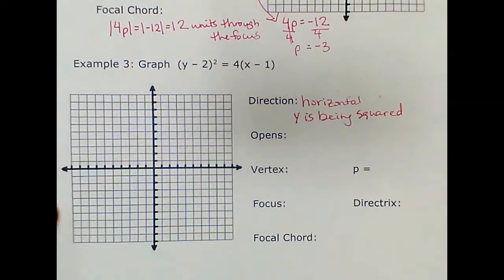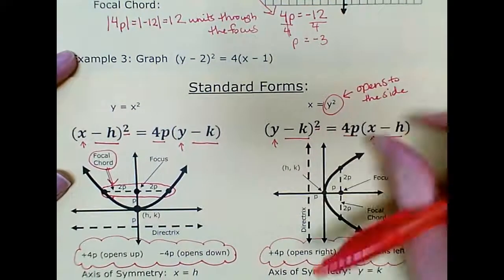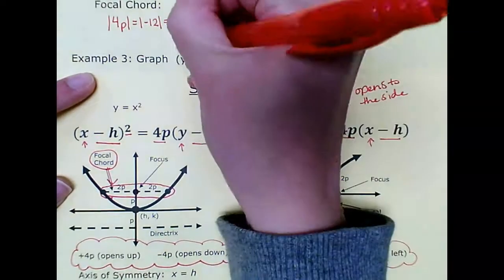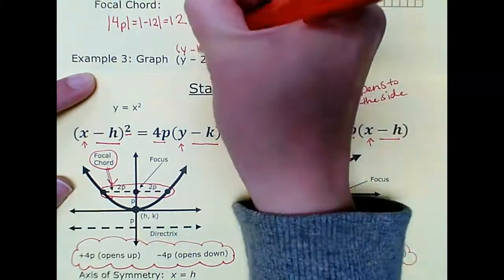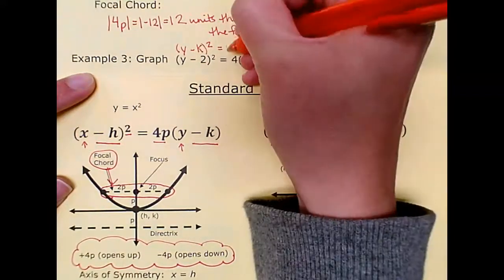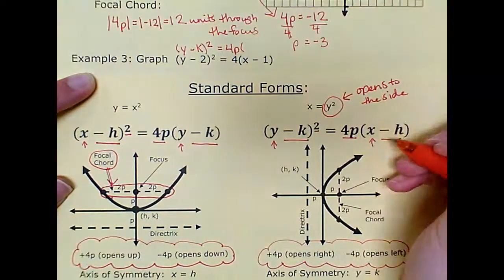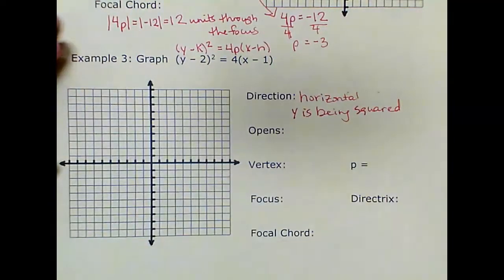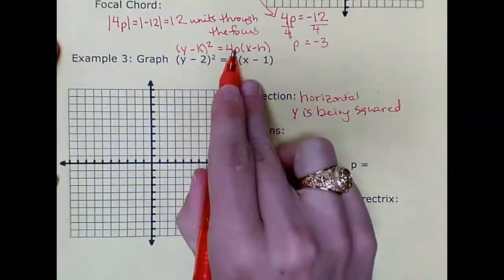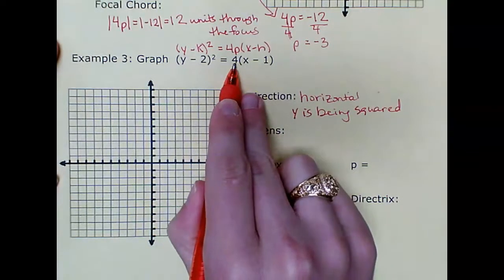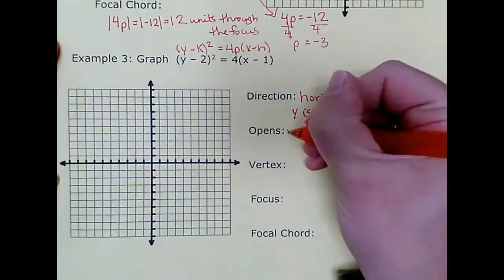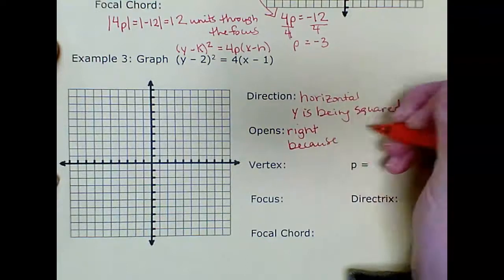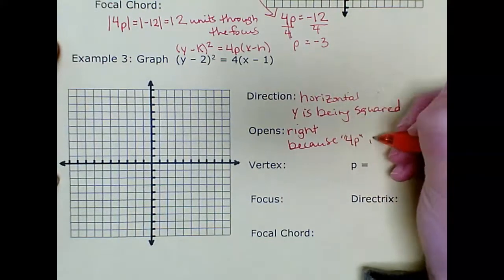So I'm going to take a moment and write my standard form when it opens horizontally, so that I know where all of my values are. (y − k)² = 4p(x − h). My 4p value is positive, so horizontally the positive direction is opening to the right, because 4p is positive.